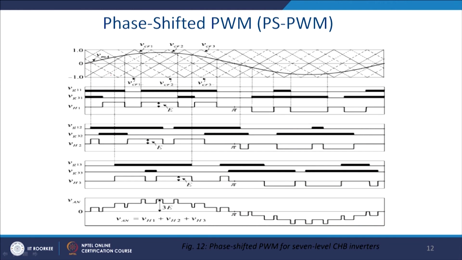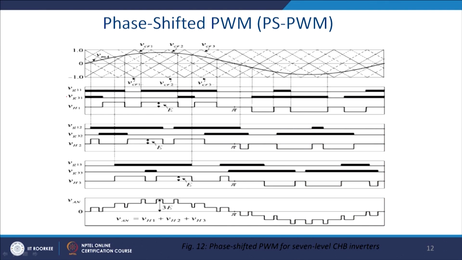In this comparison you can see there are many triangular waveforms. This one has been considered for the 3 level inverter, and thus you have 2 carrier waves. M is here 3, so M minus 1 is 2. So, the 2 carrier waves are 180 degree phase shifted, put into operation with the same modulating wave.